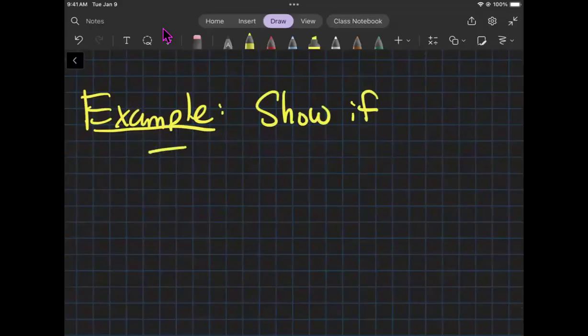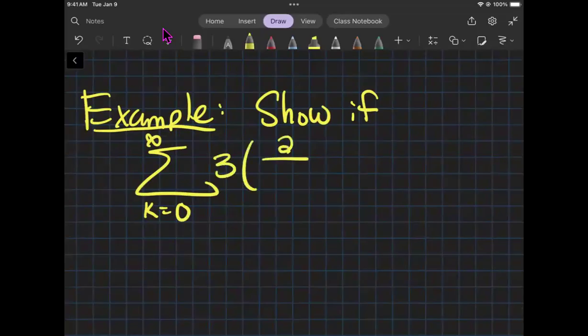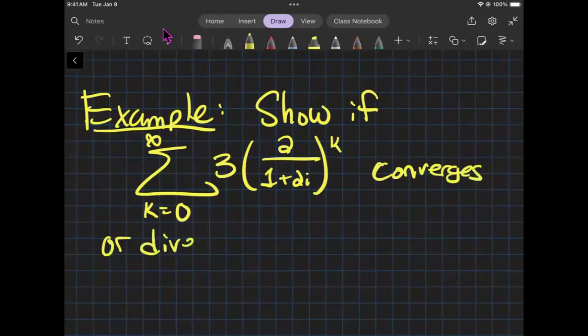Show if this sum, k equals 0 to infinity, of 3 times 2 over 1 plus 2i to the k converges or diverges. Now I want you to work on this example, so pause the video and see what you come up with.